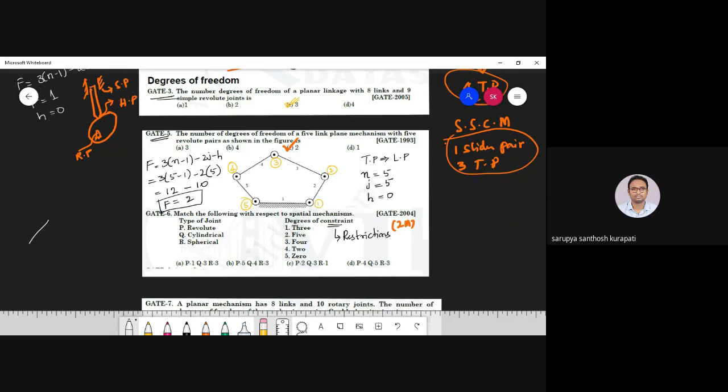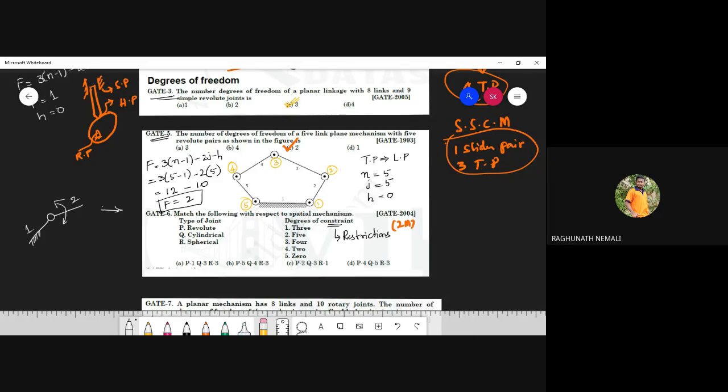This is link 1 and link 2. This is nothing but a revolute pair, a turning pair, both are the same. So this is a turning pair. If I am fixing this particular link 1, how many motions can link 2 get? Only one revolute pair, only rotation you are going to get.